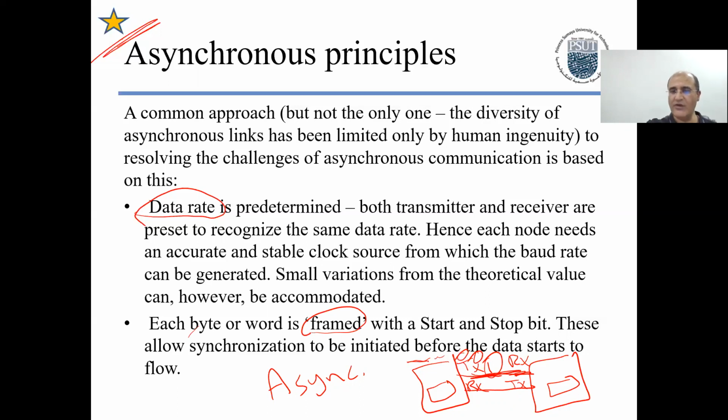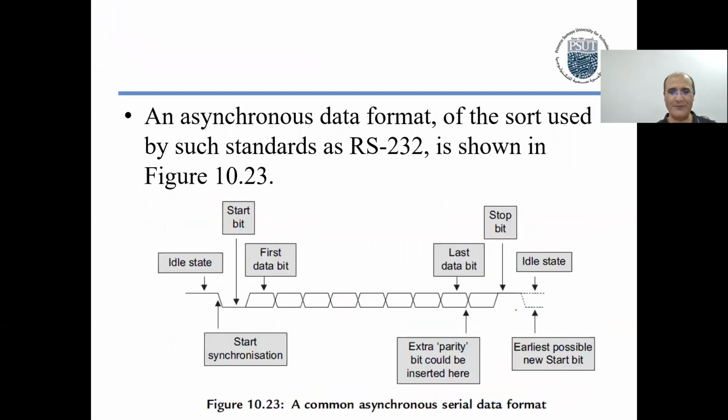Then how many bits am I going to send? 8 bits. How do I know that I ended the 8 bits? When do I start? There are start bits and stop bits. So this is how the protocol works, to compensate for the common clock that we don't have anymore.